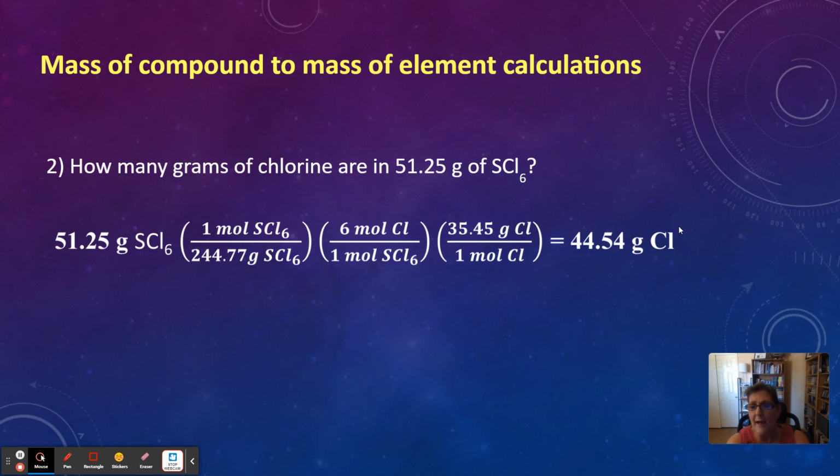We do not have Cl2, we have SCl6. So we are just adding up the mass for 1 Cl for the last step. Okay, so you got your 44.54 grams. Sig figs. We started with 4. The molar masses have 5 and 4, so we end with 4, right? Pay attention to your sig figs, of course.